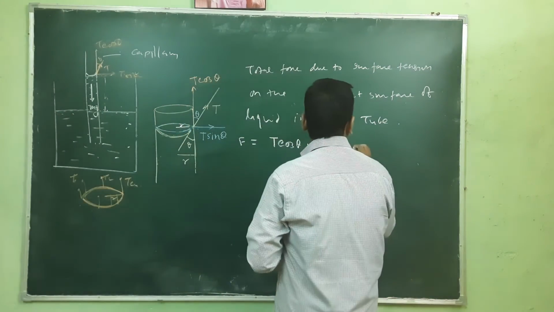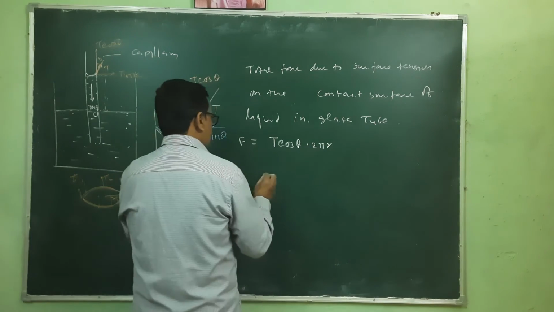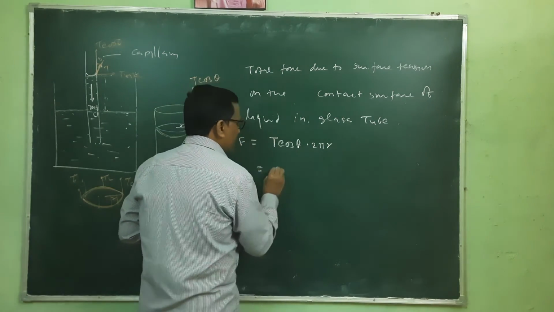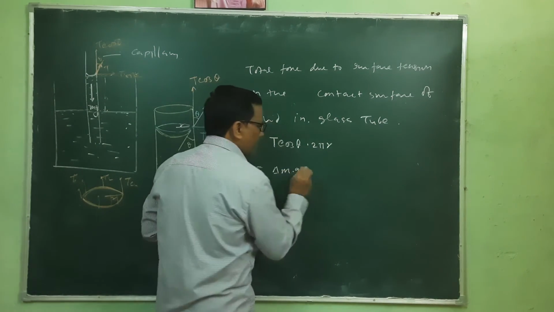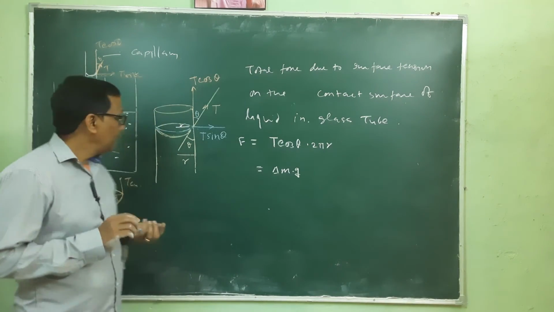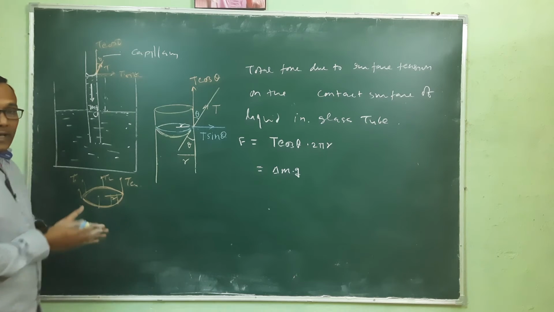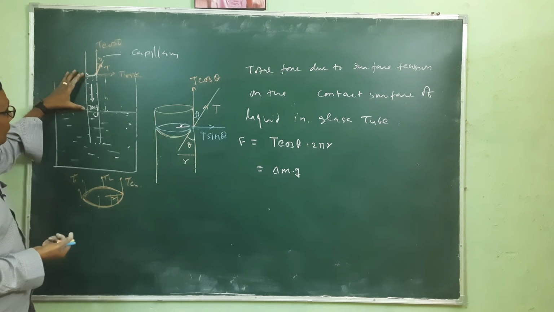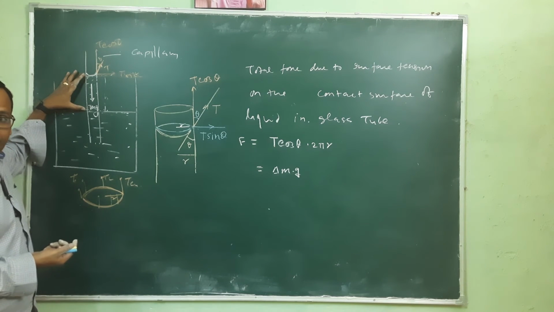Second, we now have to calculate the weight. This is balanced by the weight, m multiplied by g. So now we have to calculate the weight of the water in this column.